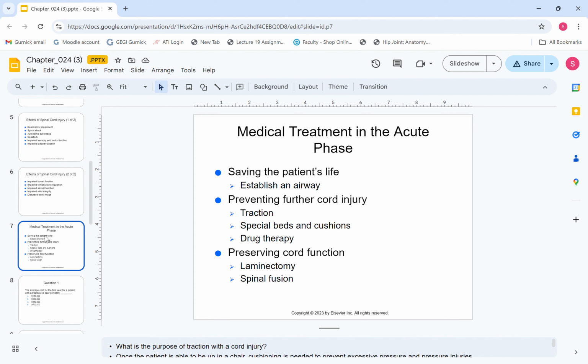You might see this with somebody that's got spinal cord shock, and it's being used while the spine is healing. The person can get out of bed, whether it's to be in a wheelchair, or if they had use of their legs, to walk around as well.